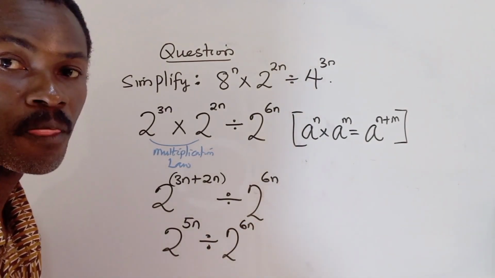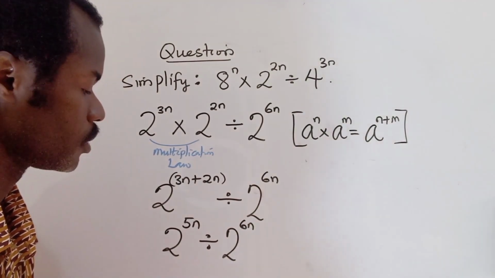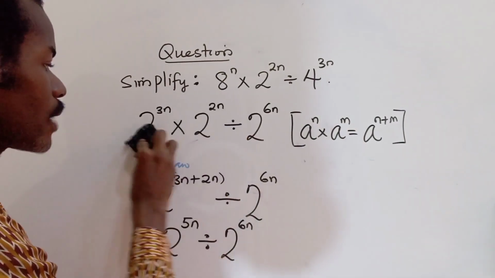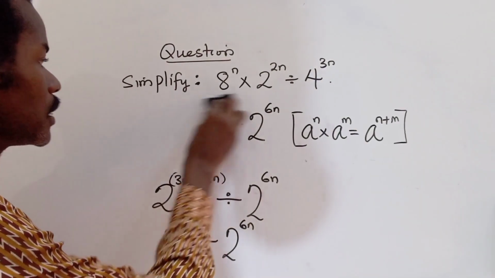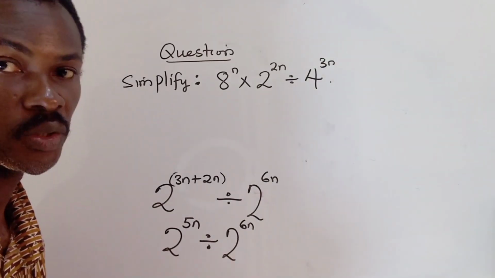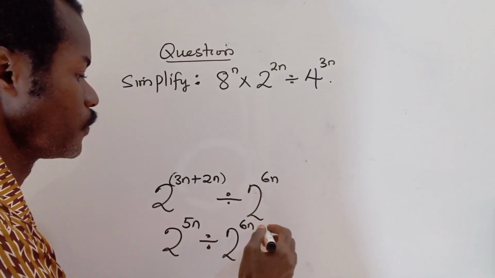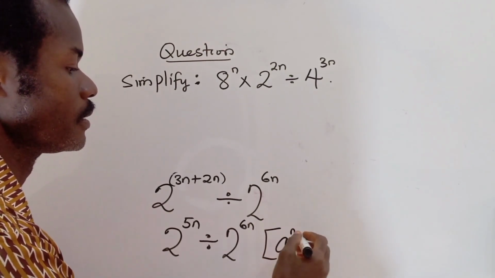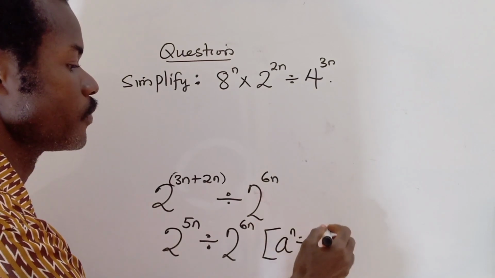Now from this point, what law can we apply? Just like we applied our multiplication law, we can also apply our division law. For the division law, we have a to the power of m divided by a to the power of n.